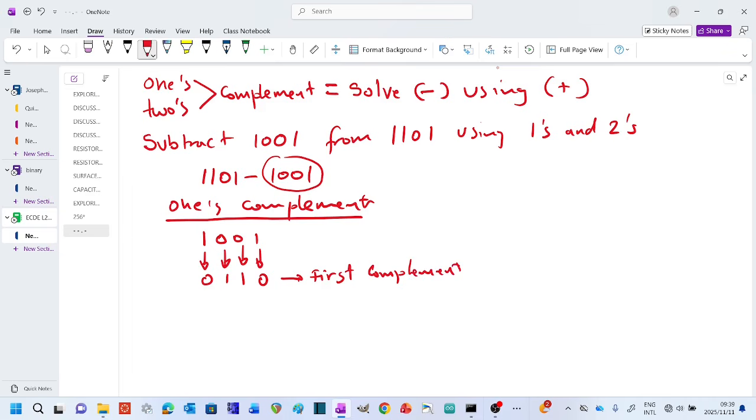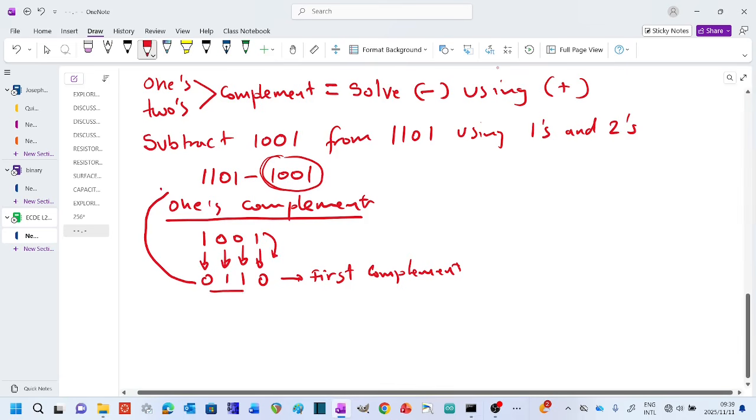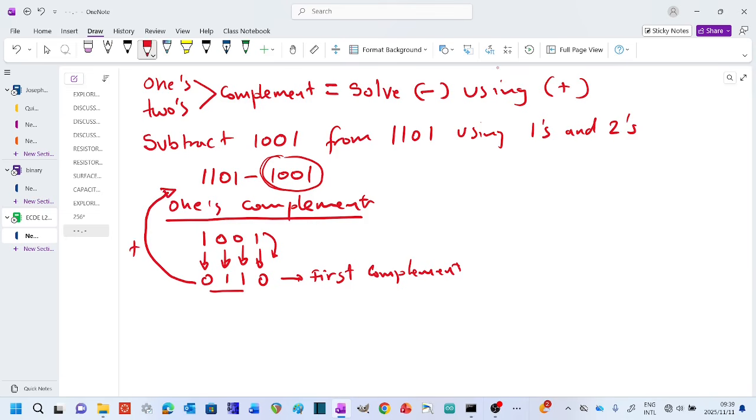After you obtain the 1's complement, what do you do? Because the problem given to you was a subtraction problem, you took the second number after the minus and converted it into its 1's complement. Now you take that complement and add it to the first number.